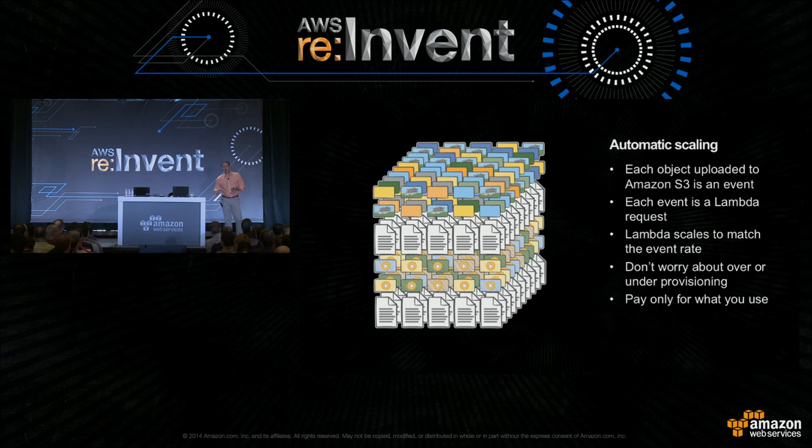And the nice thing about that is you don't have to worry about over or under provisioning. Just as if you're using an S3 API, right, you never worry about whether or not there's too much or too little disk capacity in S3. You just make the request you want and you trust that service to do the right thing with them. And of course, that also means that you get a very micro version of pay for use, because we only do work on your behalf when you actually give us a request.